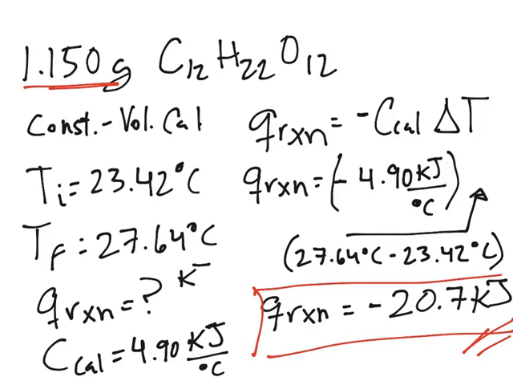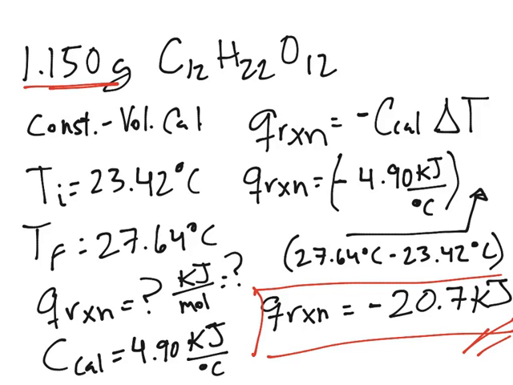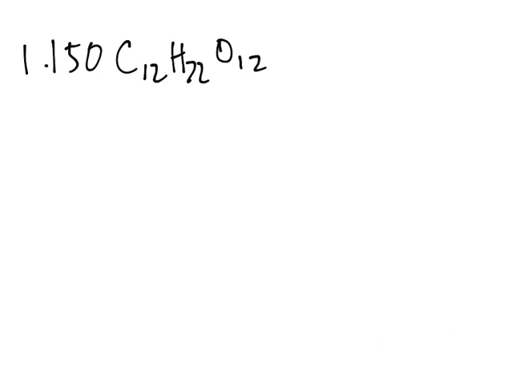So we have 1.150 grams of C12H22O11, and we have minus 20.7 kilojoules.